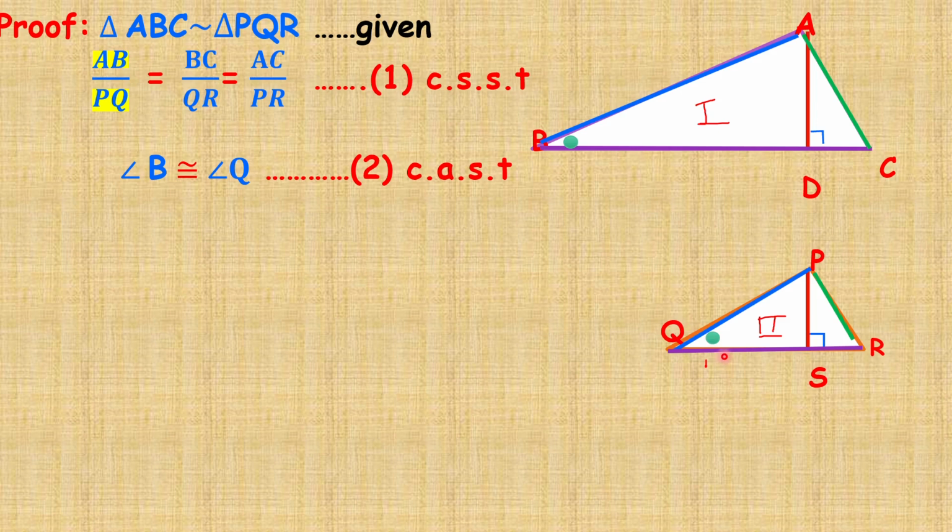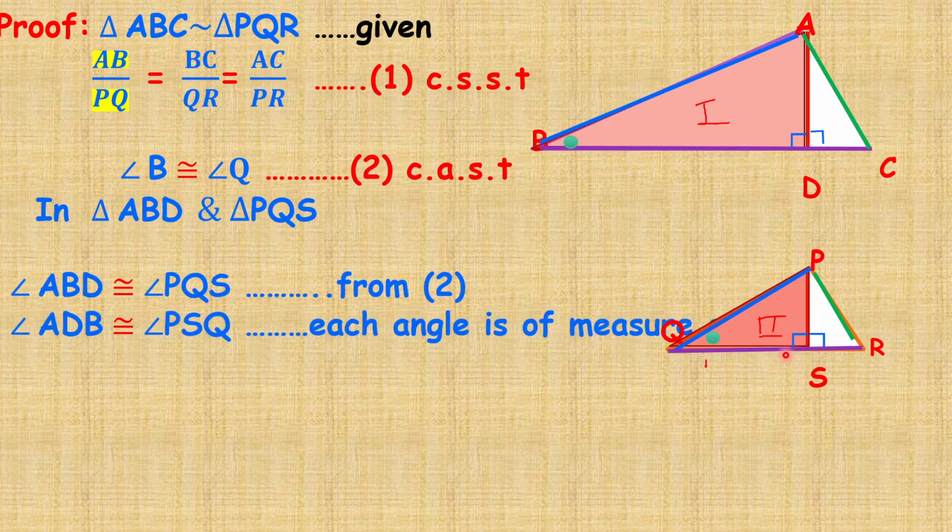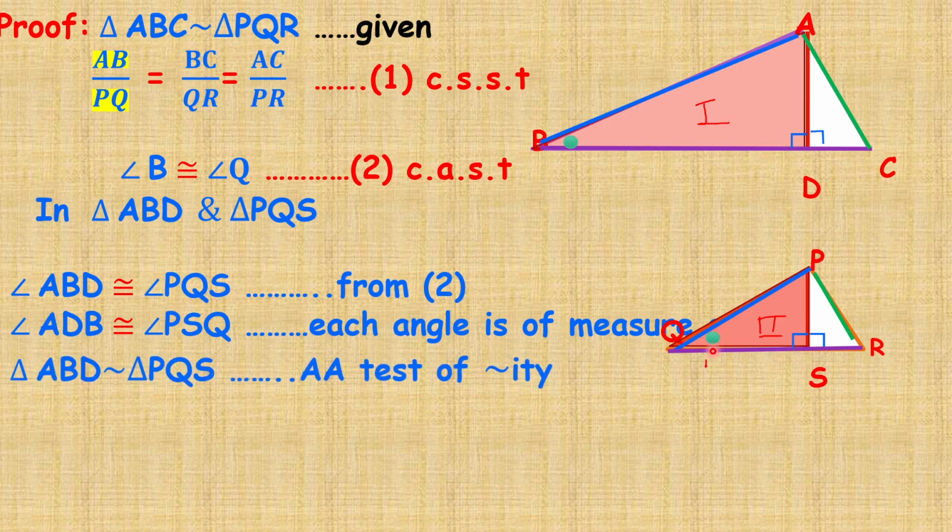Already one pair of angles is congruent in triangle ADB and triangle PSQ: angle B is congruent to angle Q, from statement 2. Which other pair of corresponding angles is congruent? Of course, angle ADB is congruent to angle PSQ. Why? Each angle is of measure 90 degrees. Therefore, these two triangles are similar by the AA test of similarity.